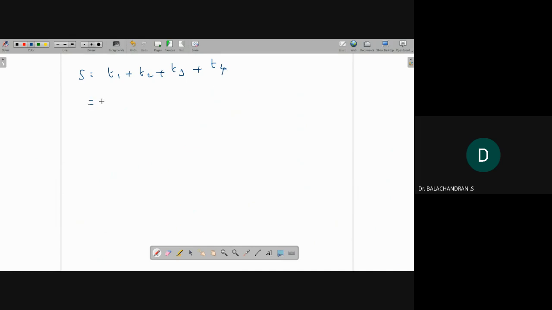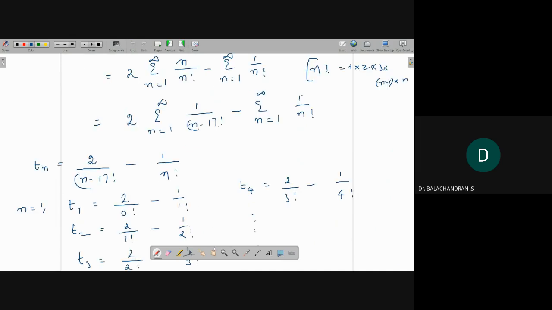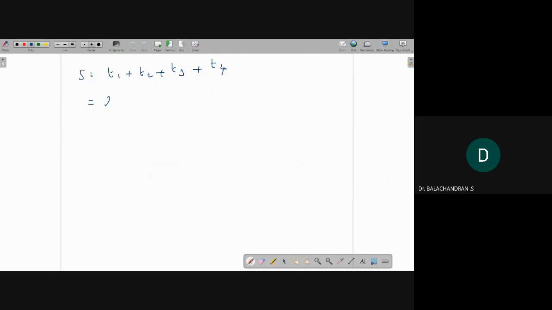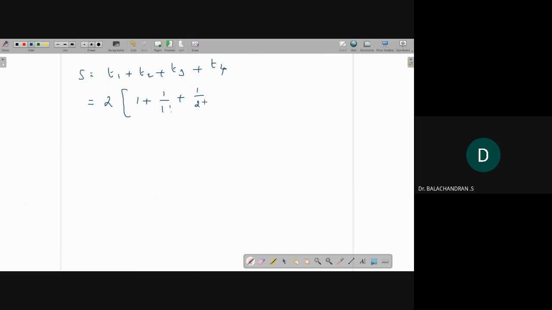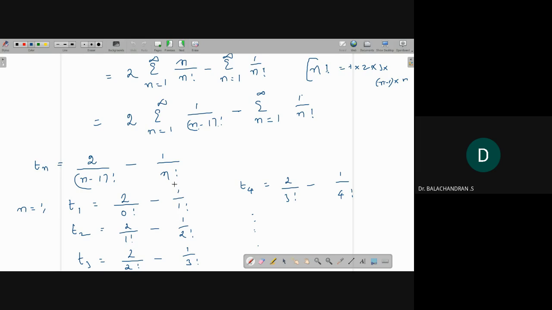So that is equal to, so here if you add vertically, 0 factorial is 1, so 2 into 1 plus 1 by 1 factorial plus 1 by 2 factorial plus 1 by 3 factorial and so on. And then if you add vertically 1 by 1 factorial, 1 by 2 factorial, 1 by 3 factorial, 1 by 4 factorial, take minus commonly.